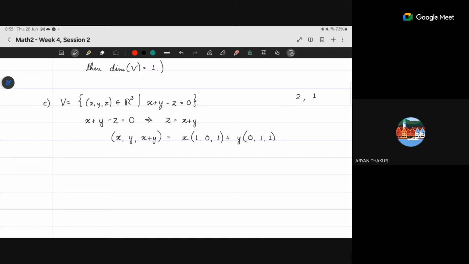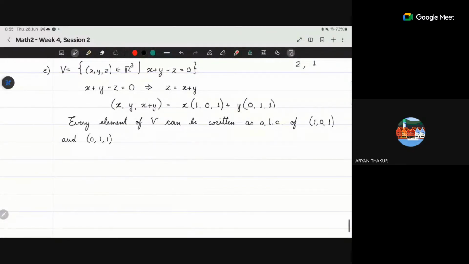Let us decode what we have done. Every element of V can be written as a linear combination of 1, 0, 1 and 0, 1, 1.